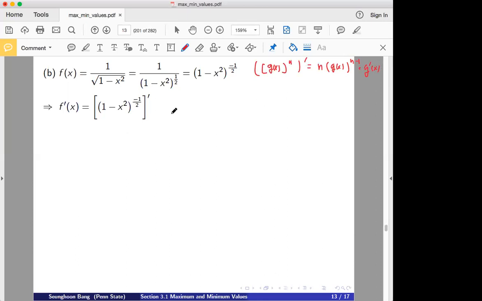So the exponent minus 1 over 2 comes down. The inner function 1 minus x squared to the power 1/2 minus 1, times the derivative of the inner function. So keep 1 minus x squared to the power negative 3 over 2 times the derivative: 1 prime is 0, negative x squared prime is negative 2x.